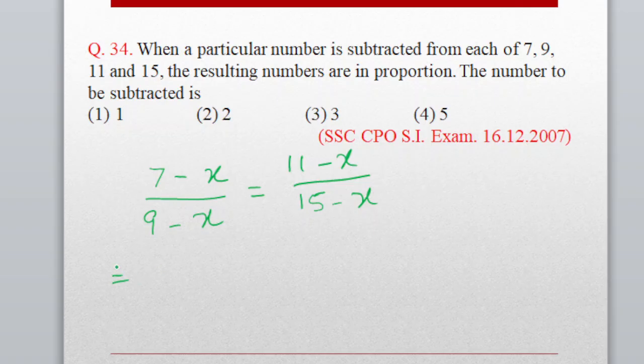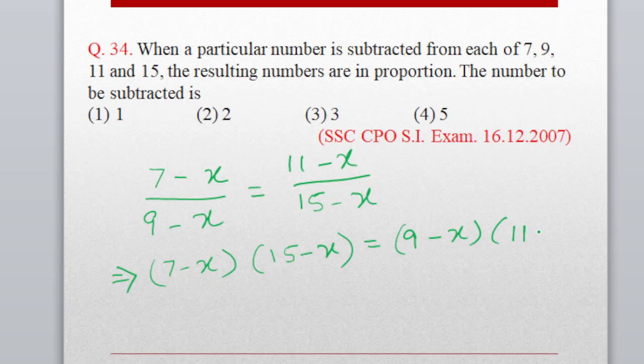Now this implies, after cross multiplication, 7 minus x into 15 minus x, so that is equal to 9 minus x into 11 minus x.